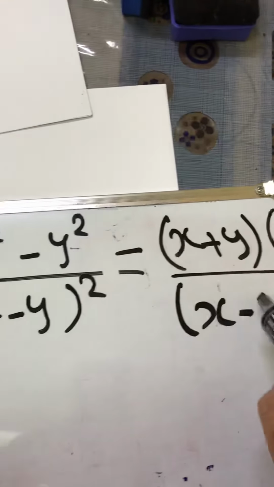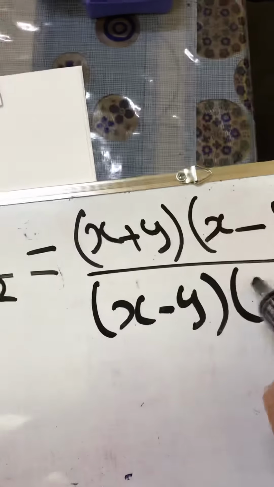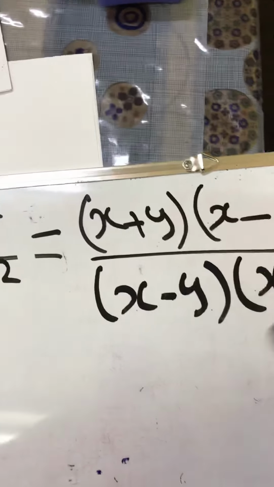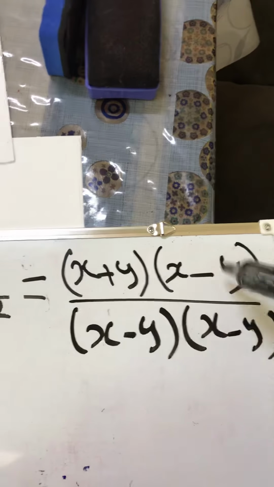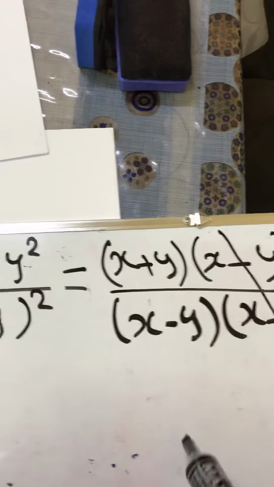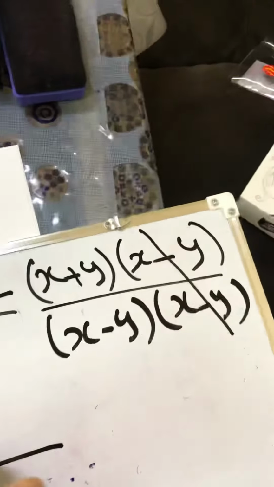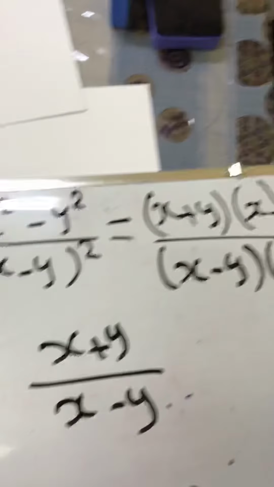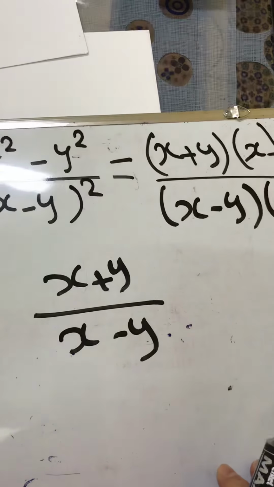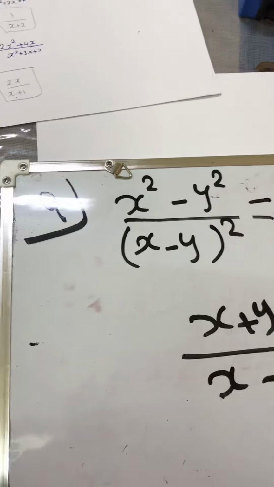Let's make it x minus y, another brackets x minus y, like this. As you see, we have brackets up and the brackets down exactly the same. So the answer will be x plus y over x minus y. This is the answer for question number 9, page 363.